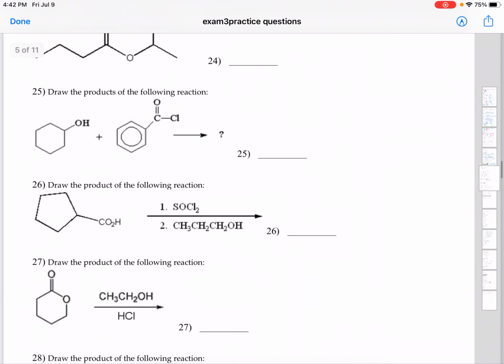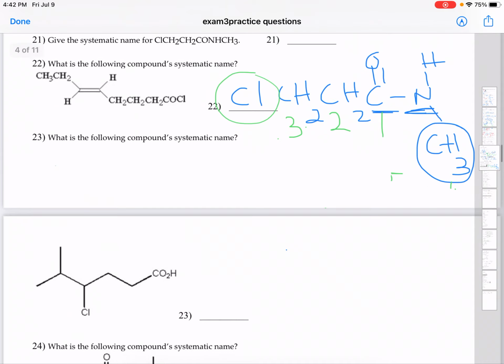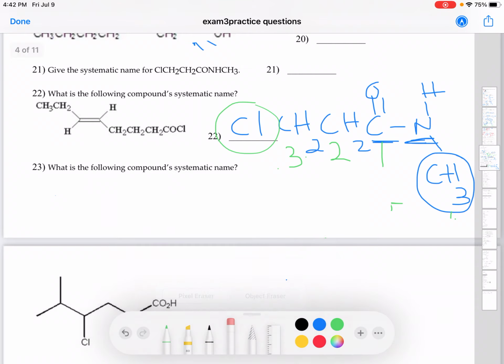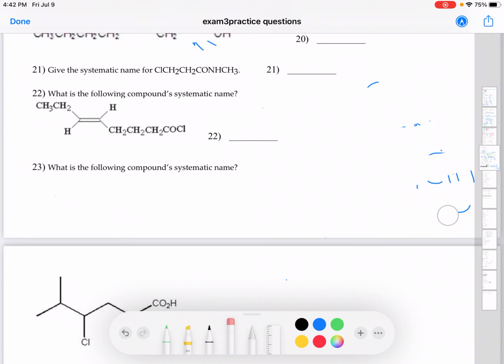What is the following compound systematic name? So it's a trans one, correct? And it is an alkene. How would you name this one? What is the longest carbon chain? How many carbons are there? Okay, let's see.